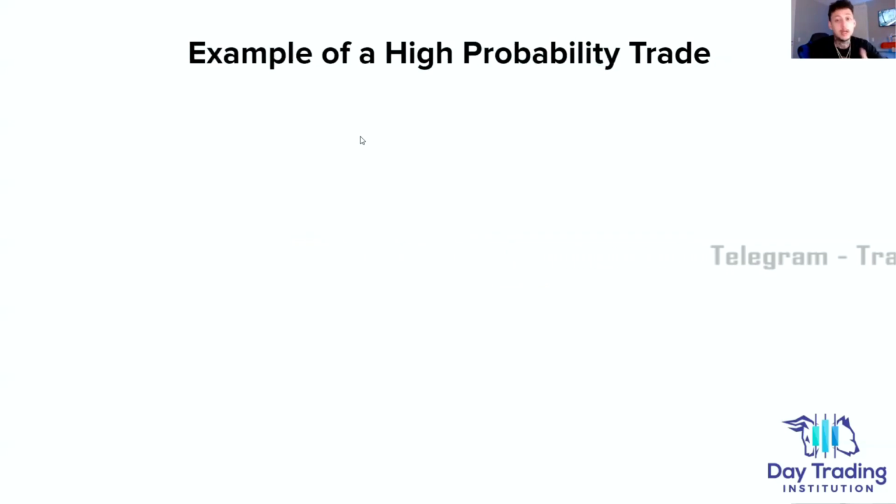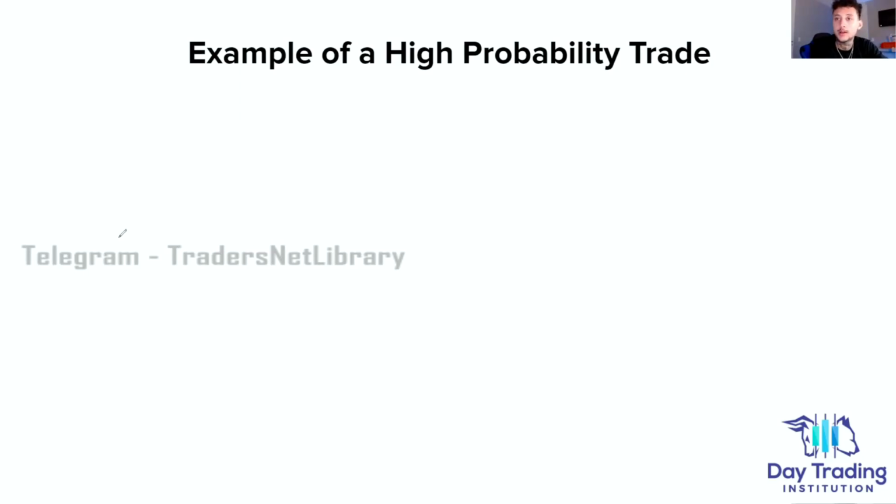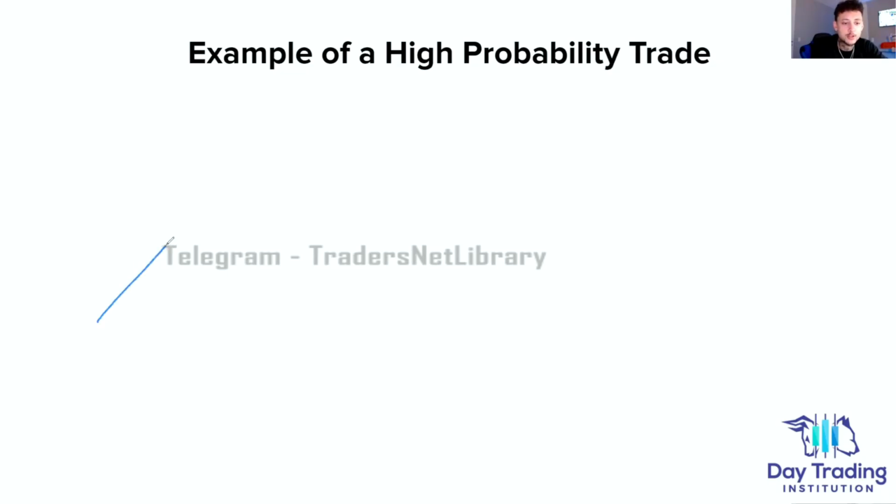Now, let's go over an example of what a high probability trade actually looks like here. So what I'm going to do is draw some fake market structure here, right?